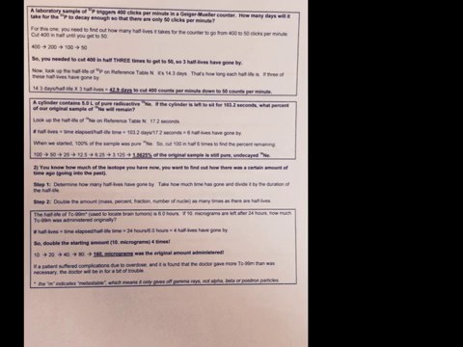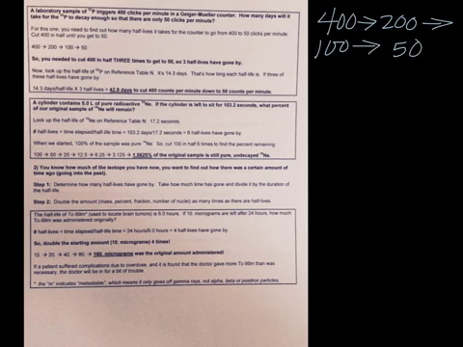We know the starting is 400. Half of 400 is 200. Half of 200 is 100. Half of 100 is 50. So if I count my half-lives, I've got 1, 2, 3. It underwent 3 half-lives.